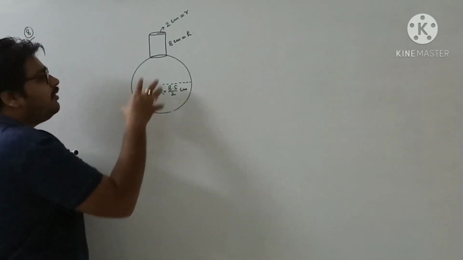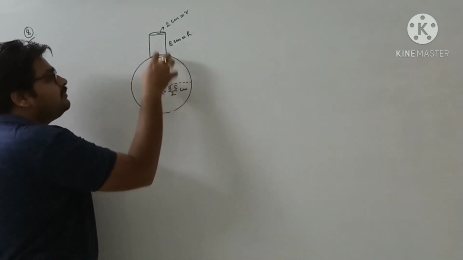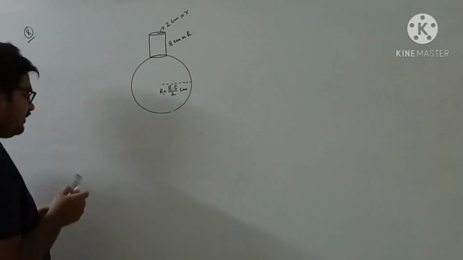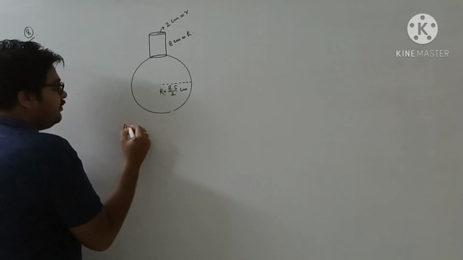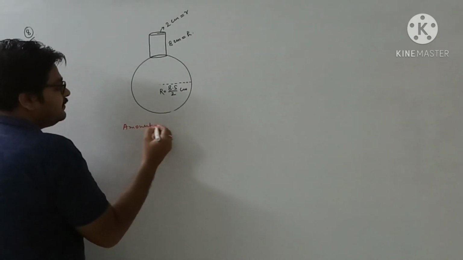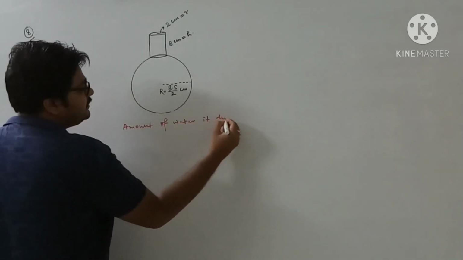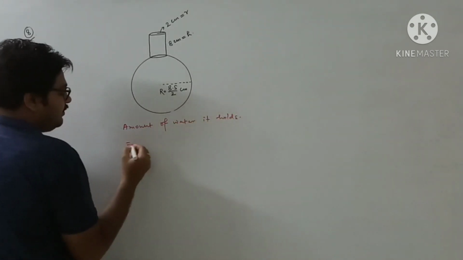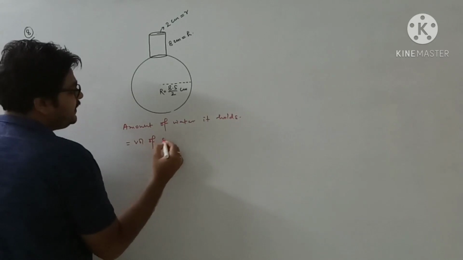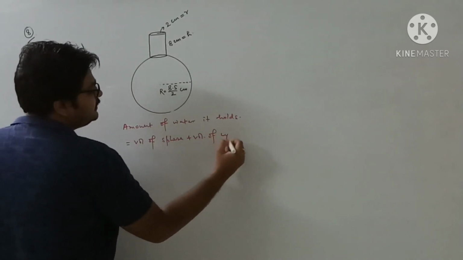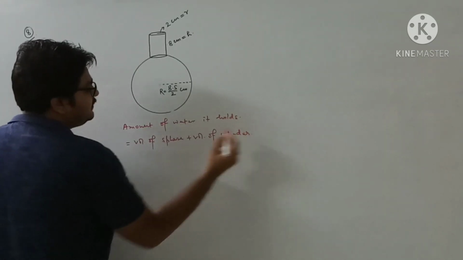Look here, how much water does it hold? That is actually the volume of the sphere plus the volume of the cylinder. So what do you write here? Amount of water it holds equals volume of sphere plus volume of cylinder.